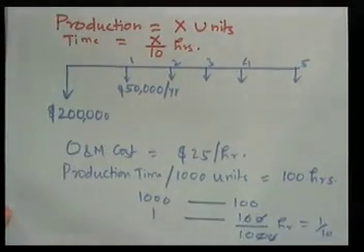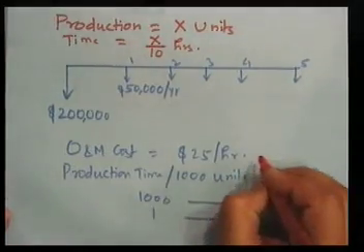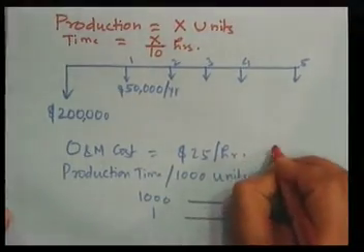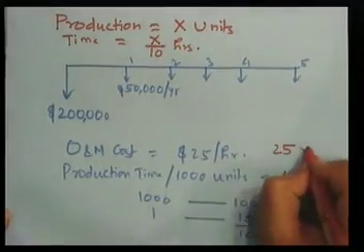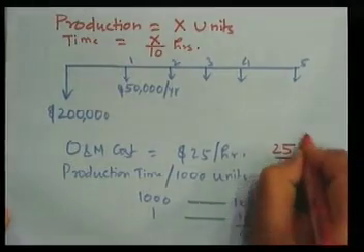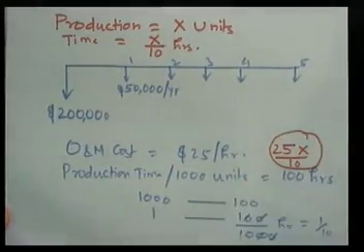So, the O&M cost would be 25 times X upon 10, because for 1 hour I have to spend $25.